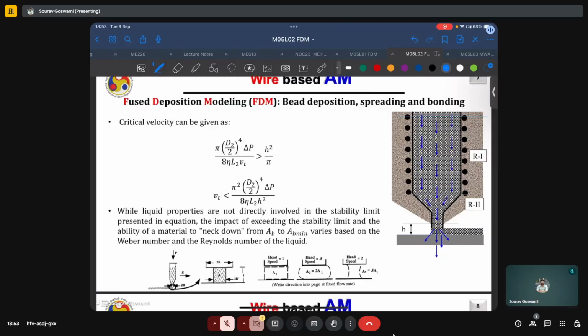And while liquid properties are not explicitly involved in the stability limit presented in the above equation, the impact of exceeding the stability limit and the ability of the material to neck down from a bead sectional area AB to the minimum possible cross-sectional area AB minimum varies based on the Weber number and the Reynolds number of the liquid.